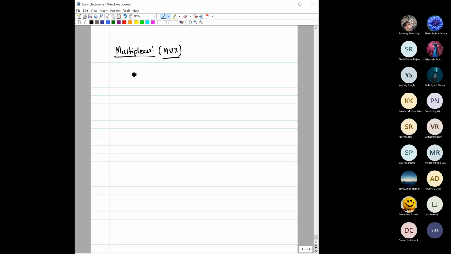To make things a bit simple, let us first try to construct a 4 cross 1 multiplexer. From the name itself, it is clear that this circuit will have 4 inputs and 1 output, right? We can name the inputs I0, I1, I2, I3, and this output we call Y, and we have selection lines.